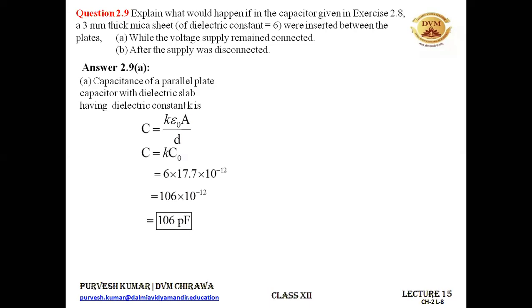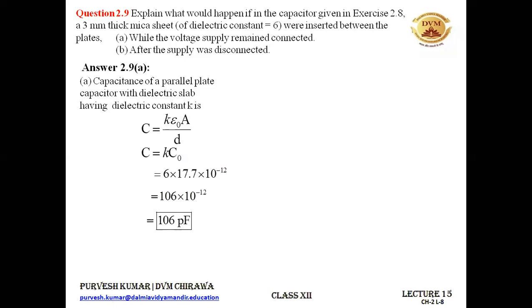We all know that when we insert a dielectric slab between the plates of a parallel plate capacitor, its capacitance will increase. So earlier it was 17.7 and now it has increased to 106 picofarad. All right. The capacitance is increased. It means that now the capacitor can store more charge. Its capacity is increased now.